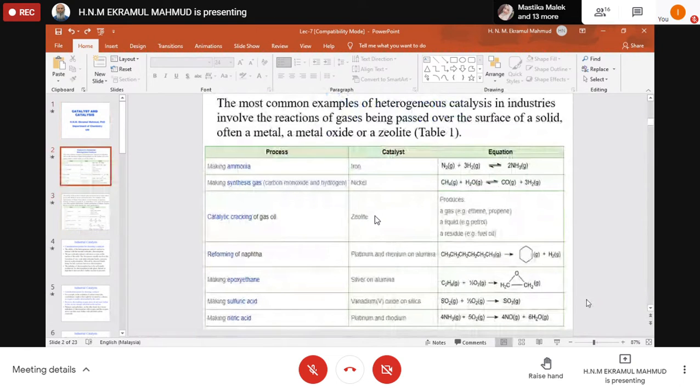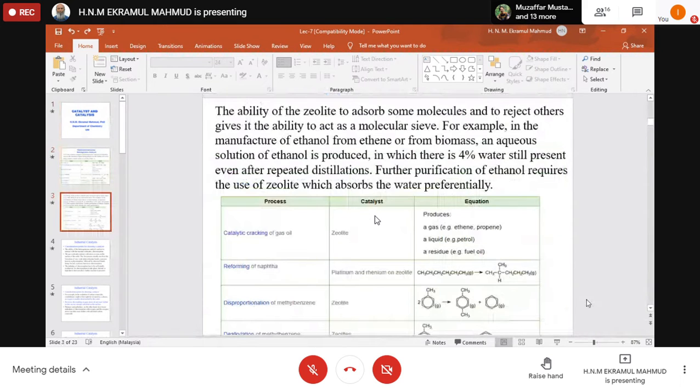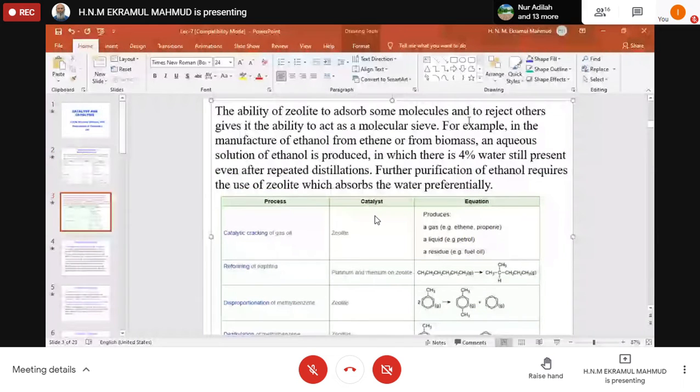Okay, so the ability of zeolite to admit some molecules and to reject others gives it the ability to act as a molecular sieve. Previously we discussed that a molecular sieve allows some type of molecules to get in, to be absorbed, and to get cracked, or the catalyst can work.